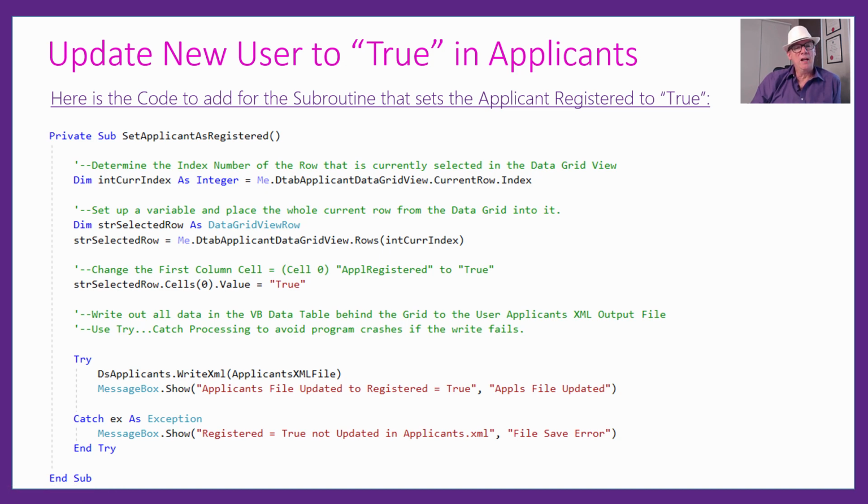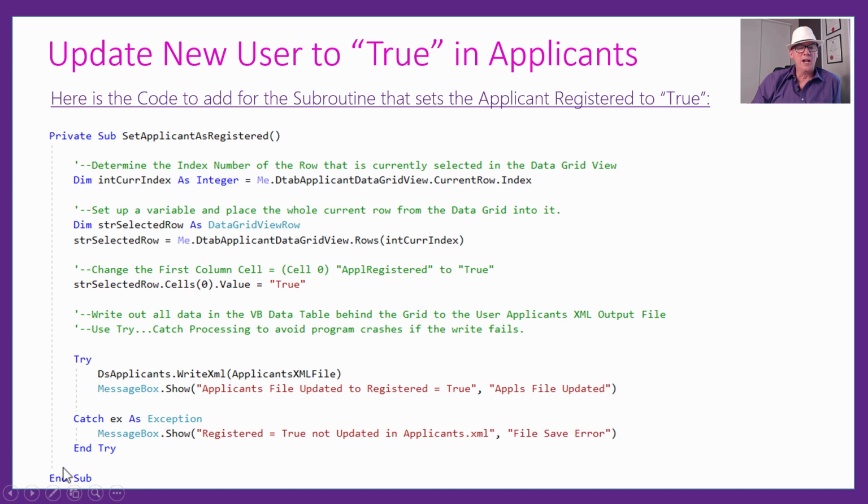And that way we can then, from that, work out cell 0, and change that first thing, ApplRegistered, into true. So we want to set that to true. At the moment it would have been false, so we're just setting it to true. And then we're going to write everything out to the Applicants file, okay?